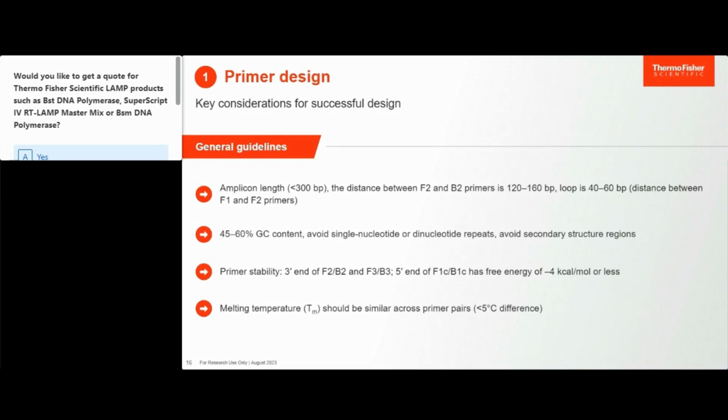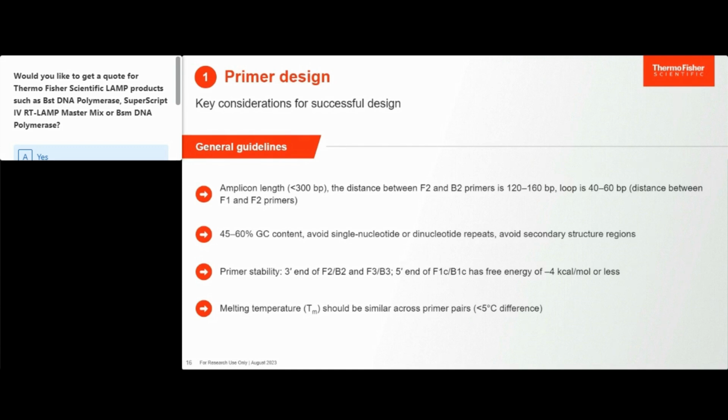The success of LAMP also depends on the relative distance between primers. The primers are designed in such a manner that the distance from the end of F2 to the end of B2 is between 120 to 160 base pairs.